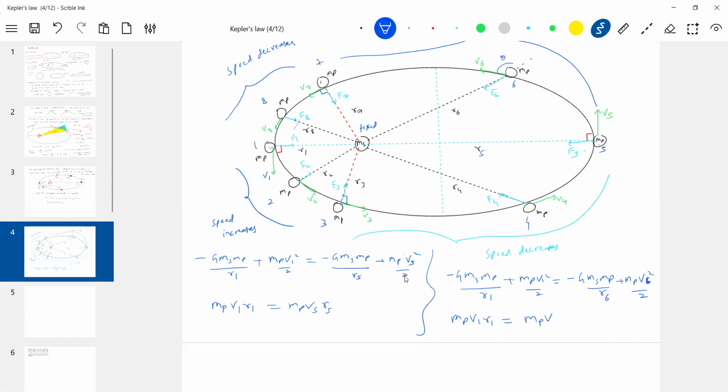You should write this carefully. Why sine theta? What is the angle between R6 bar and V6? It is theta, just some angle I'm giving. You have to write that. It is M into R bar cross V bar. Between any 2 points, you can write conservation of angular momentum.